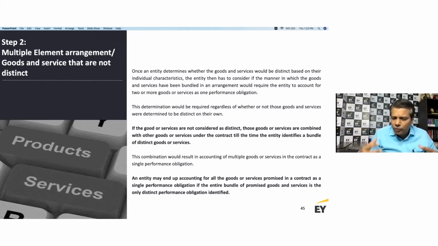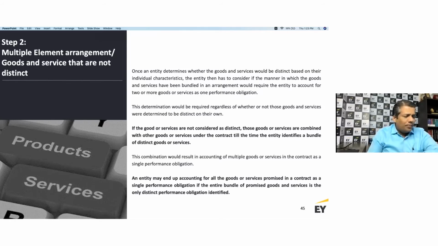How do market forces perceive some of these services which I am promising under the contract? Are they one performance obligation or multiple performance obligations? This distinction is important for us to examine and conclude. This is an area which does involve some judgment, so that's where you have to apply yourself better.